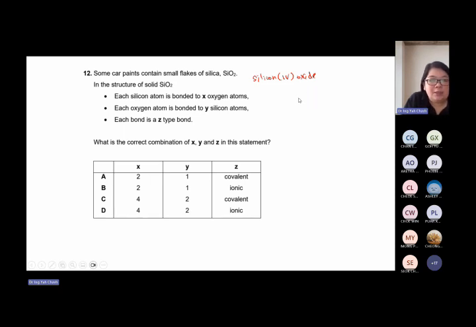No, it is every silicon to 4 oxygen, every oxygen to two silicon atoms. And the bond is covalent. That is why for this question 12, X is 4, Y is 2, Z is covalent. So 4, 2, covalent. The answer is C.